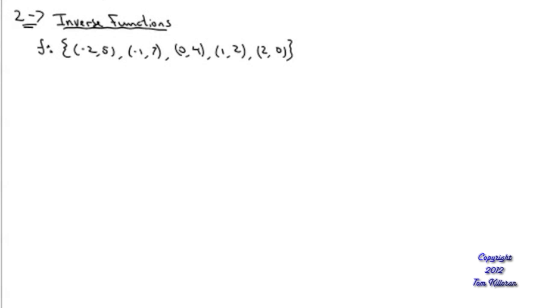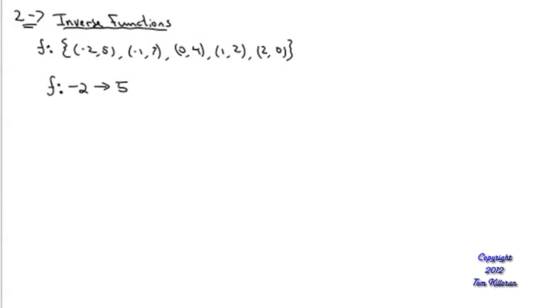Another way of looking at this is f is going to do something to the domain. Let's say -2. It's going to bring -2 to +5, because -2 is associated with +5. So one way of looking at this is f is going to operate on this -2, do some kind of calculation to it, and bring you to +5.